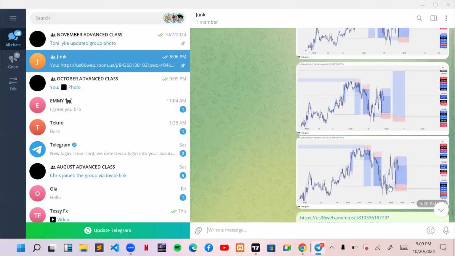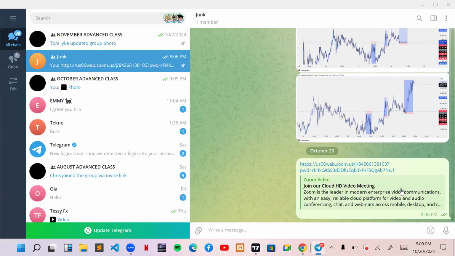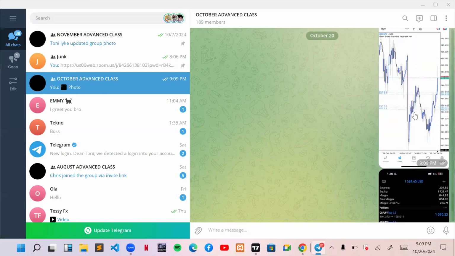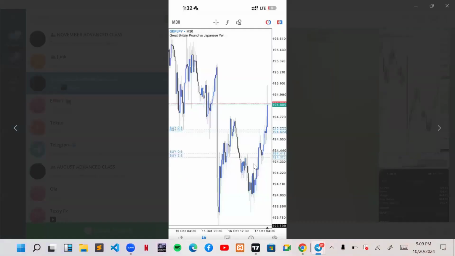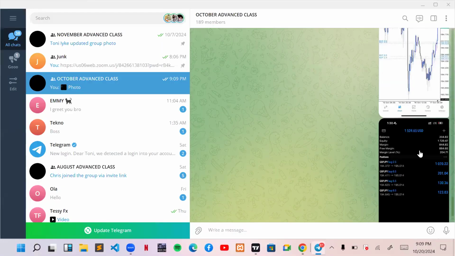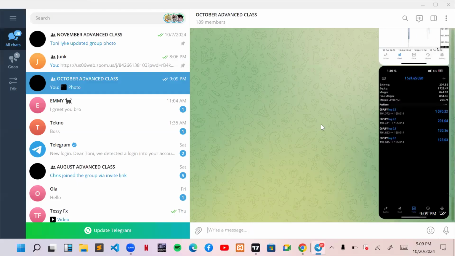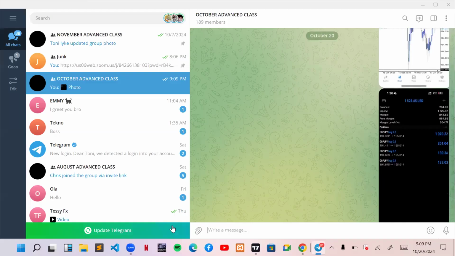So this is it. So pay attention, this was where the entry was, this breaker block. This was the MT5 structure of it for this breaker block trade.